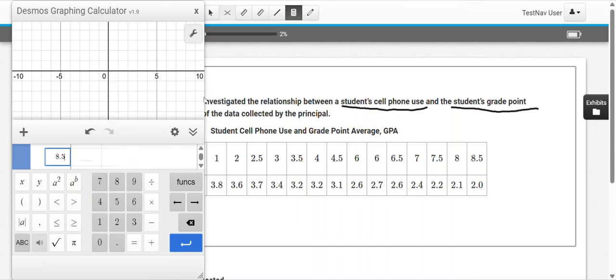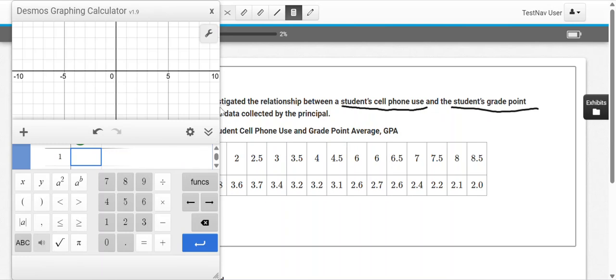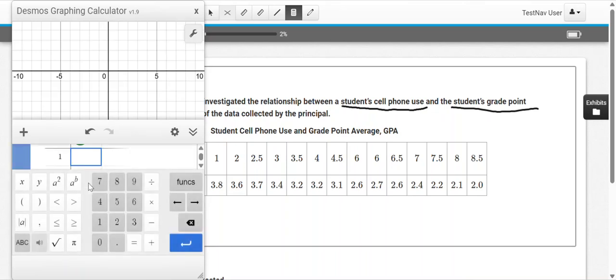So that is your X column, and now I'm going to go ahead and do the Y column. Make sure that all the numbers are matched up, 3.8 and so on. 3.5 goes to 3.2.